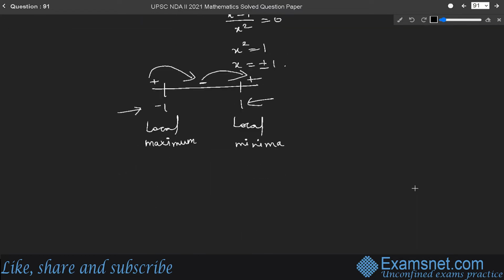We already know the maximum and minimum values. So on putting the values in the function, we will get f of -1 is equal to -2 and f of 1 is equal to 2. We know that 1 is local minima, so it is the minimum value. And -1 is local maxima, so it is the maximum value.